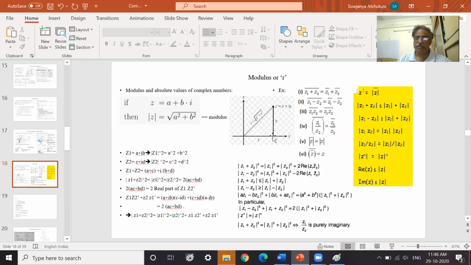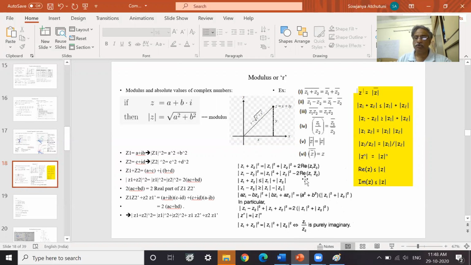Mod of Z1 is X. What is mod of Z2? Mod of Z2 is Y. So what is mod of Z1 square plus mod of Z2 square? X square plus Y square. What is mod of Z1 plus Z2? It is root of X square plus Y square. So they are equal. That means Z1 by Z2 means these two are 90 degree.